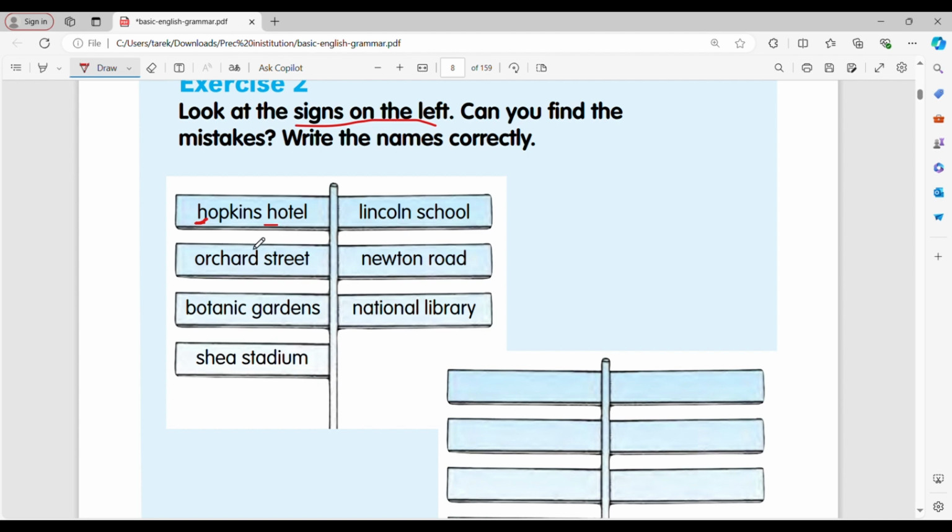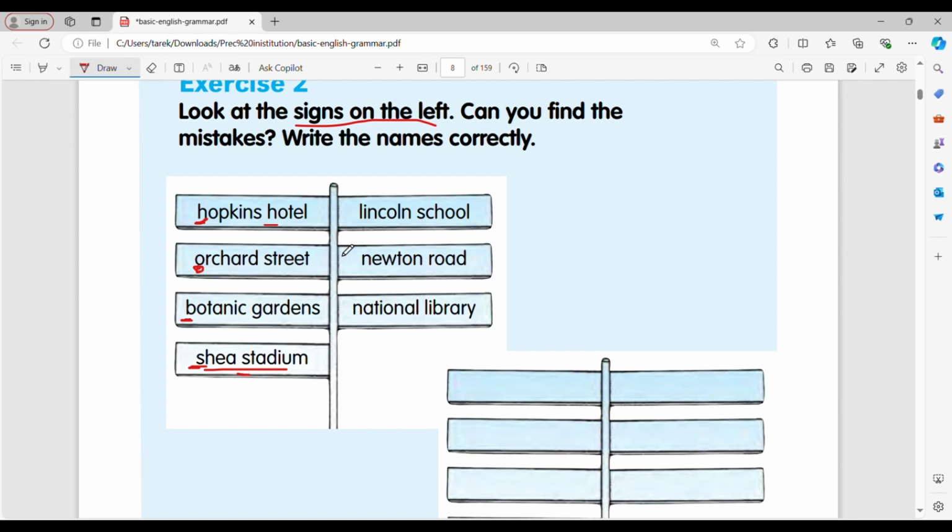Capitalize H. Orchard Street. Orchard, O. We should capitalize it since it's a name of a place. Botanic Gardens. Botanic, also B should be capitalized. Shia Stadium. The S in Shia and S in Stadium should be capital.